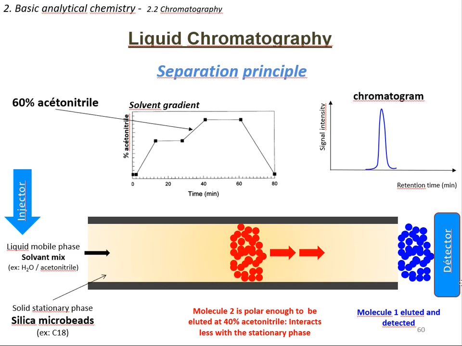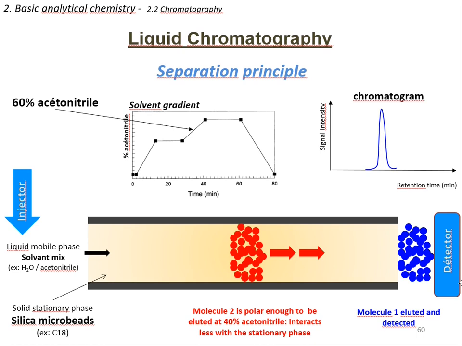And then at 60% acetonitrile, the first molecule reaches the detector, and the detector will register a signal in form of a peak. It is a chromatographic peak, and the top of the peak corresponds to the retention time of the molecule, which is the time the first molecule has been retained in the system, or also the time necessary to elute the molecule from the system.